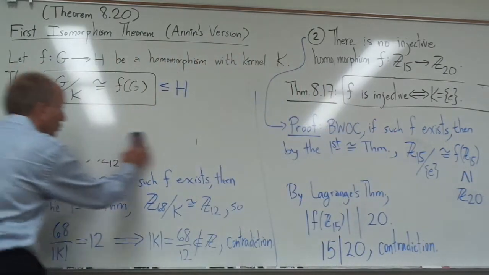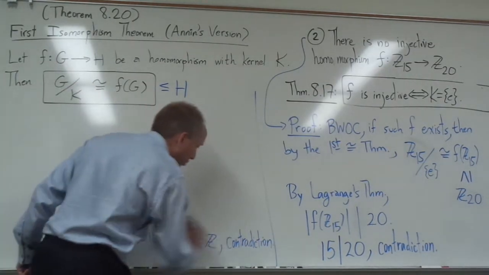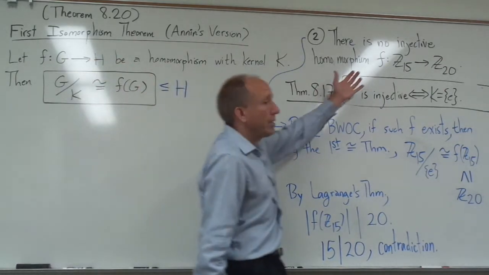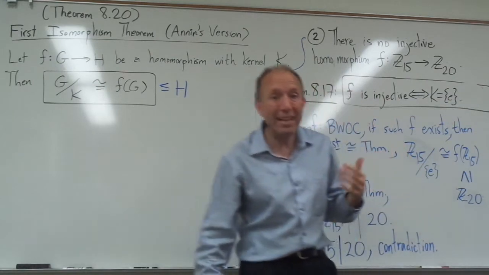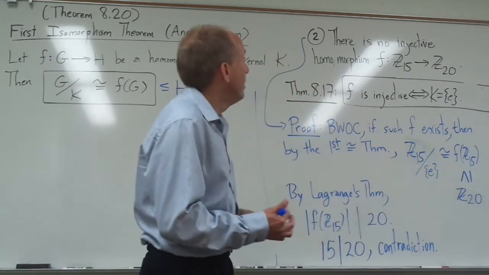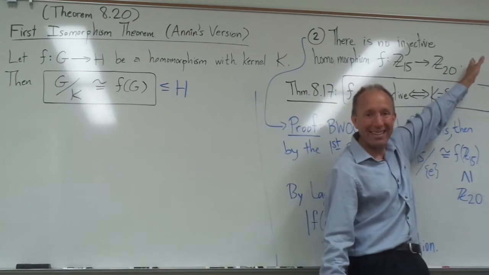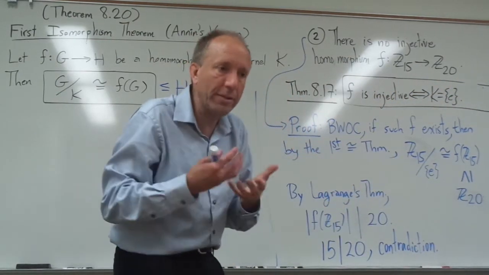Okay, so we can prove that there do not exist injective or surjective homomorphisms in certain cases. In this example, it doesn't have to be Z15 and Z20, does it? It can just be any groups of size 15 and 20 right here. Because never are we really using the detailed nature of the group.